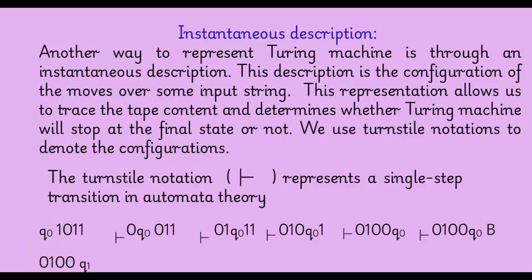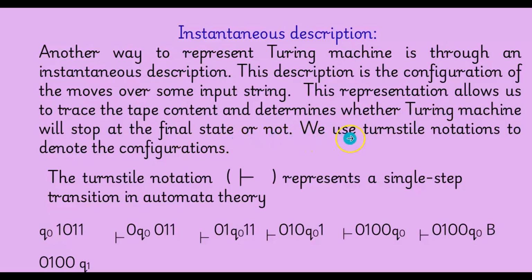Let us see another way to represent Turing machine, which is called as instantaneous description. This description is a configuration of the moves over some input string. So this representation allows us to trace the tape content and determines whether the Turing machine will stop at the final state or not.